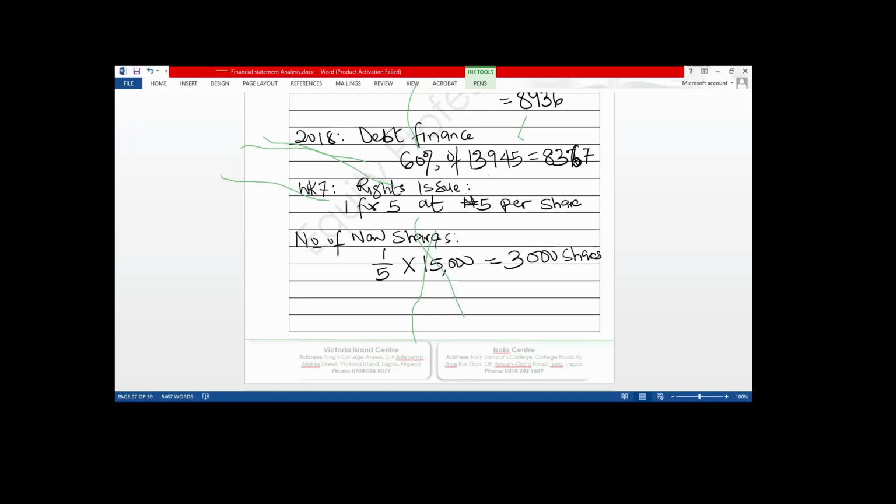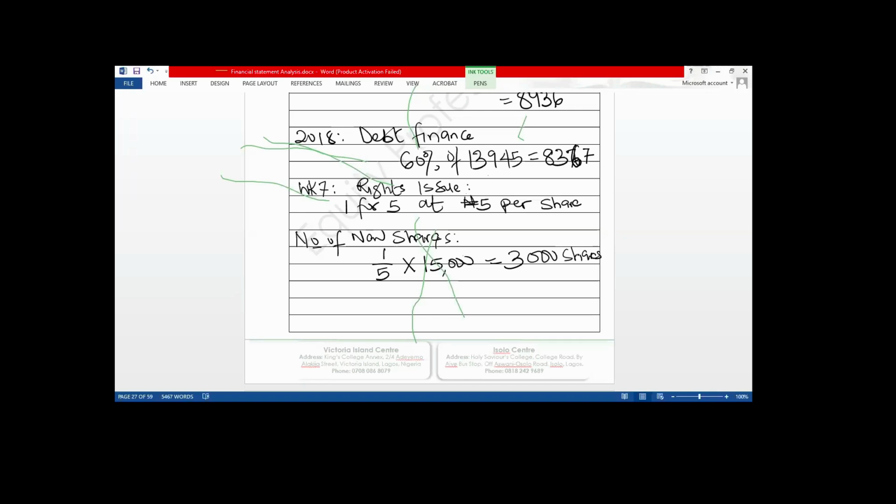Thank you. Then we separate the nominal value of the share from the premium aspect. Nominal value will be credited to the share capital account, while the premium aspect will be credited to the share premium account.